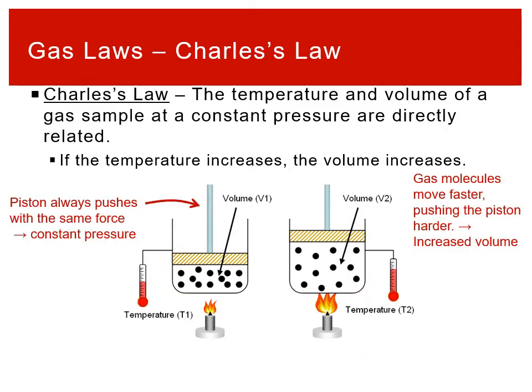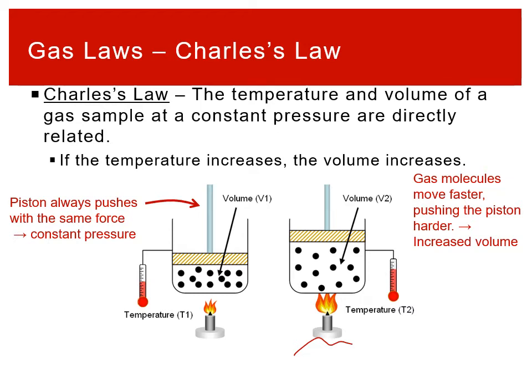If we want to understand what's going on here, we can think about the fact that gases are made of molecules. We know that when you have, say, a constant pressure, pressure is that sort of force. We could imagine a piston pressing onto the gas. That is a constant pressure, and you have your gas molecules moving around. If you turn up the temperature, say you heat those gas molecules, they will start to move faster.